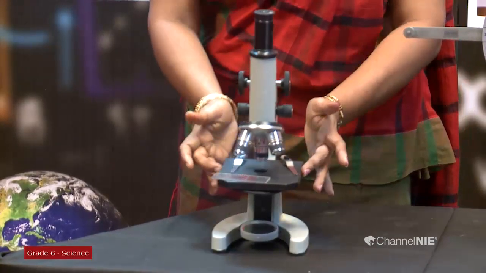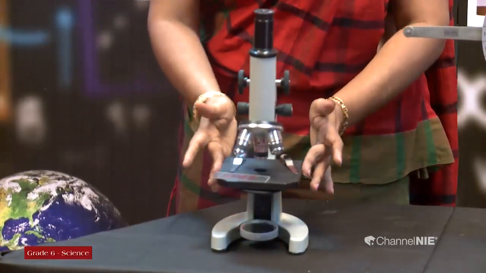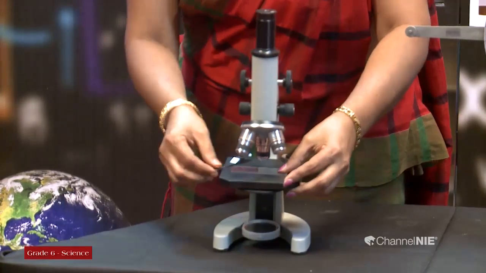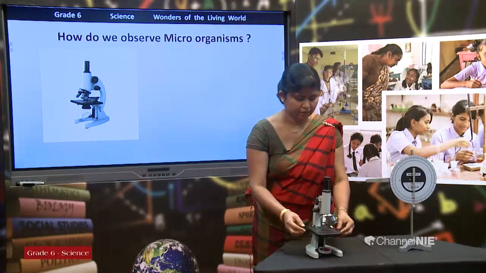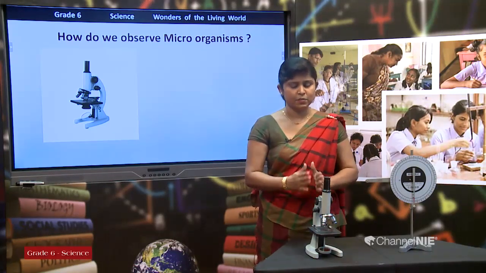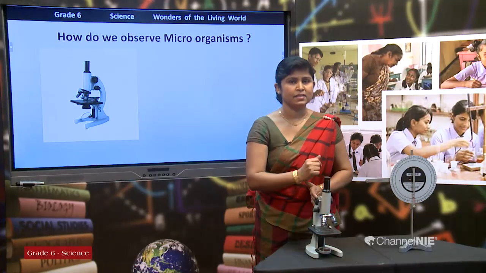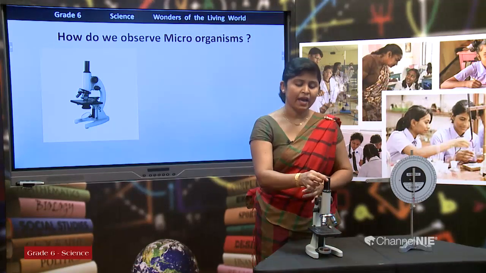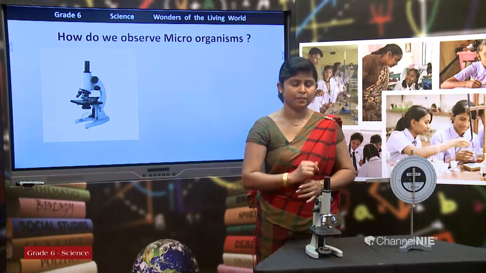We call this part the stage of the microscope, and it is kept on the stage in this way. Then we can observe the specimen using this lens. The lens closer to our eye is known as the eyepiece. This is the eyepiece, right?